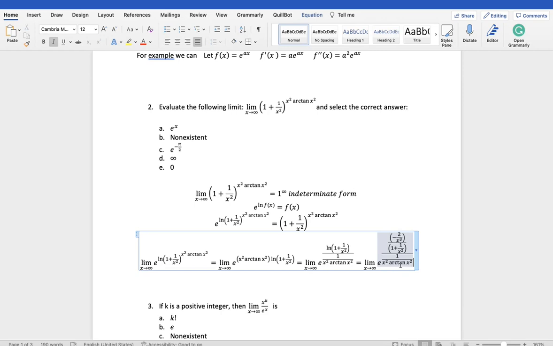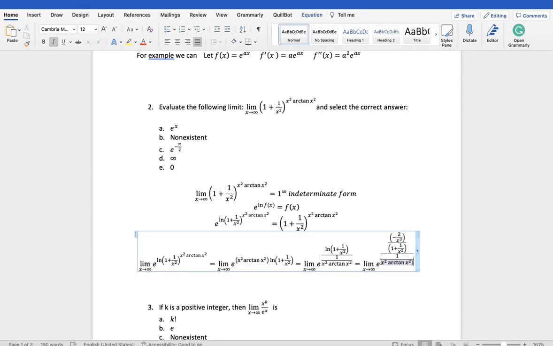Right. So let me just write it down here so people can have a look. So basically you have the denominator there that is squared.